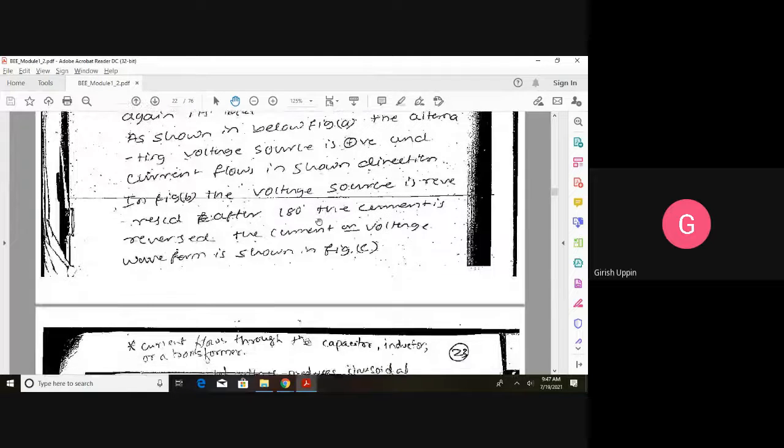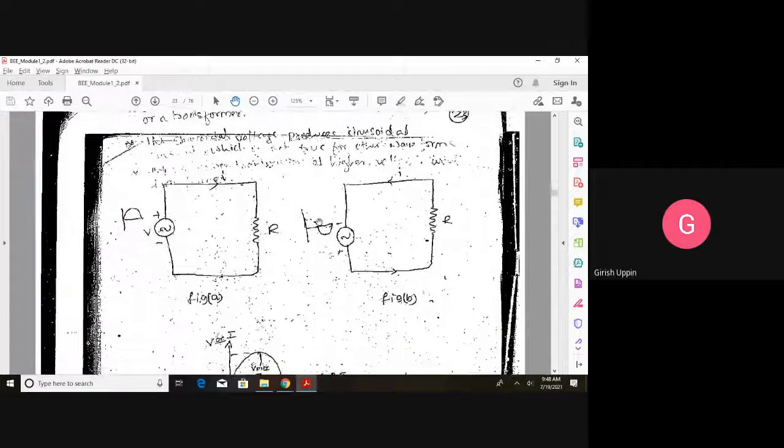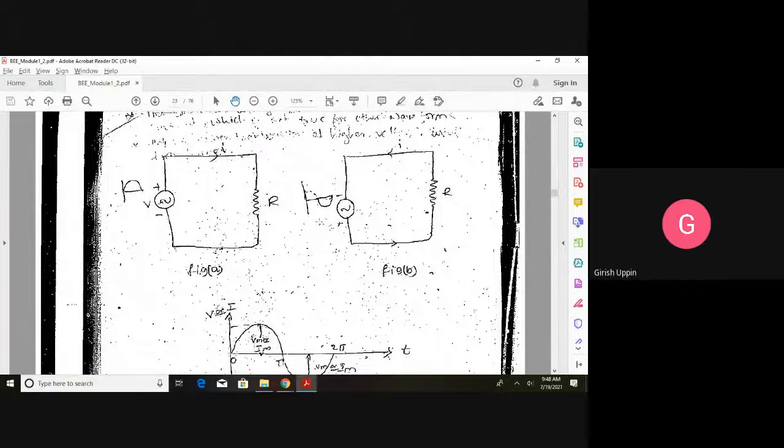When we apply the alternating voltage to a circuit, in case of a DC circuit, we know there is only one type of load, that is a resistor. In case of alternating current, we have three types of load. A load can be a resistive load, an inductive load if we use an inductor, or a capacitive load if we use a capacitor.